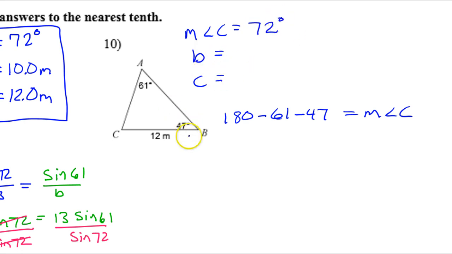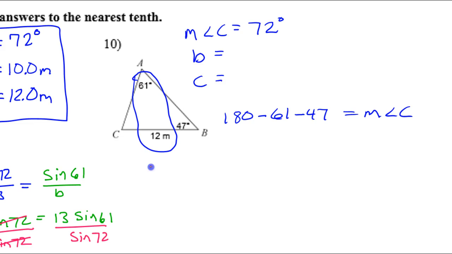Okay, now side B. Let's go ahead and try to find side B. If I want to find side B, I'm going to use this ratio that we definitely know. I think I'm just going to switch to purple.